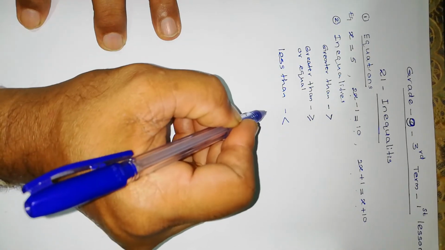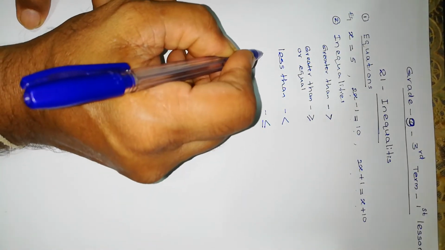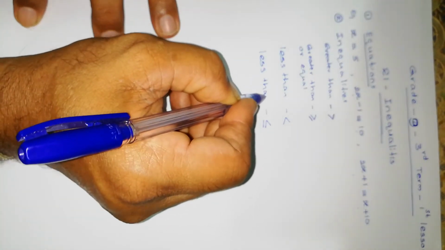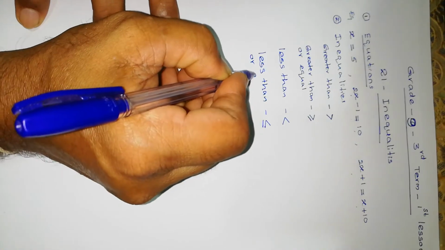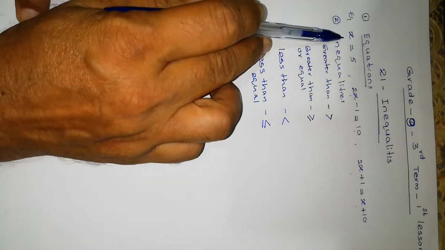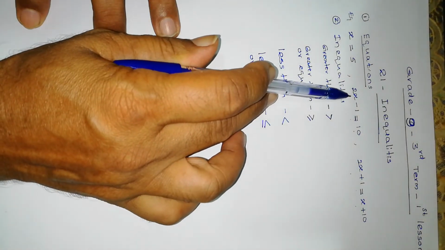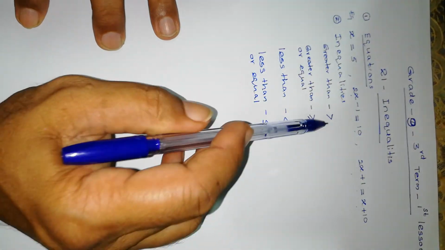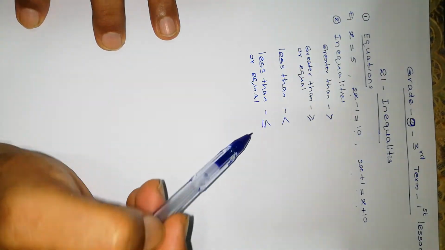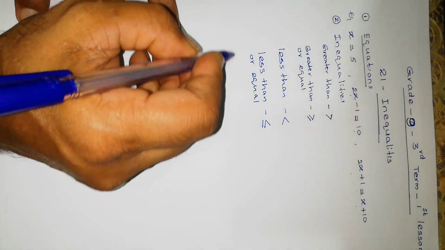This one is less than or equal. Then using two terms like this, or a term and an expression, or two expressions using one of these symbols, we can form inequalities.